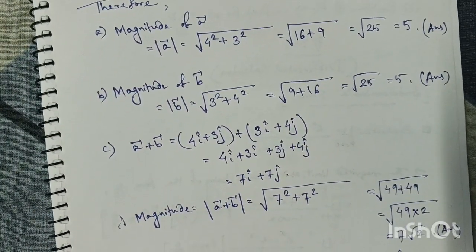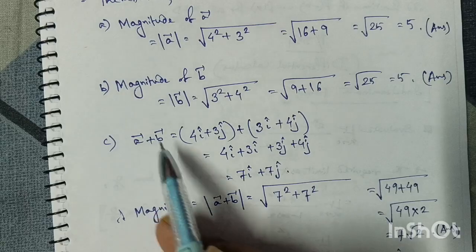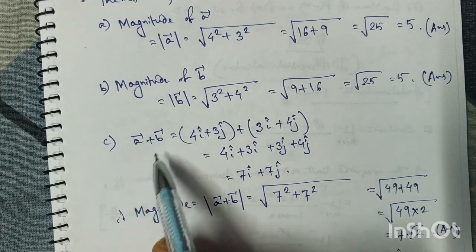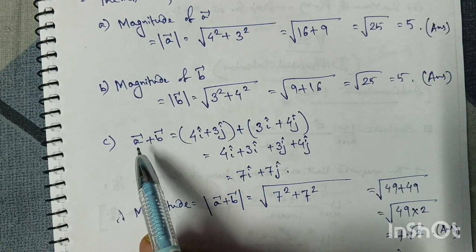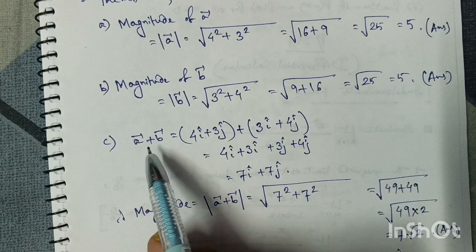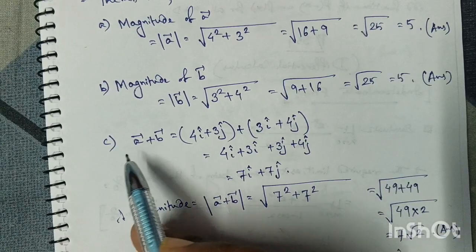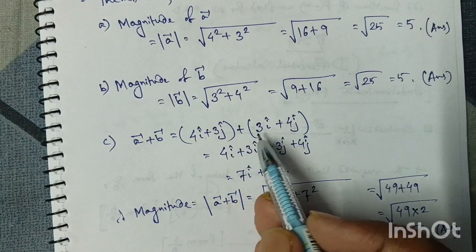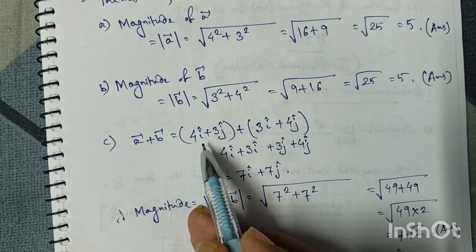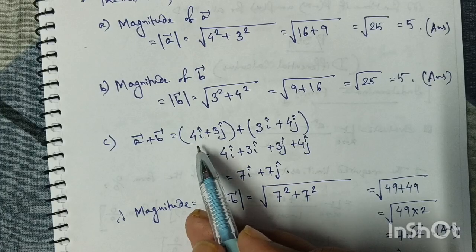Now, A plus B, before deriving its magnitude, we have to add it. And the add will be a vector sum. So A plus B is equal to 4i plus 3j plus 3i plus 4j. So from the common components of i cap is 4 and 3.